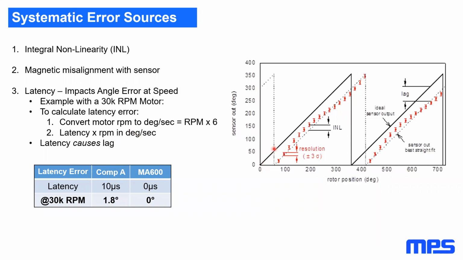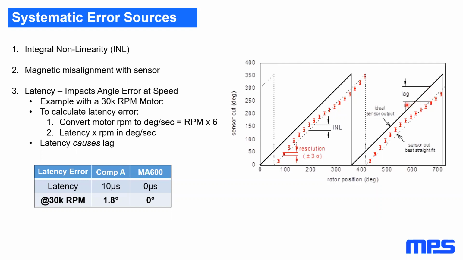Okay. So 0 to 360 straight line, 0 to 360 as it rolls over. And then what do we actually see? Well, because of integral nonlinearity, and let's forget about this lag right now, or actually we can cover it. Latency of a sensor causes angle lag. So latency would be the time difference from here to here, which causes an angle lag from here to here, if that makes sense.